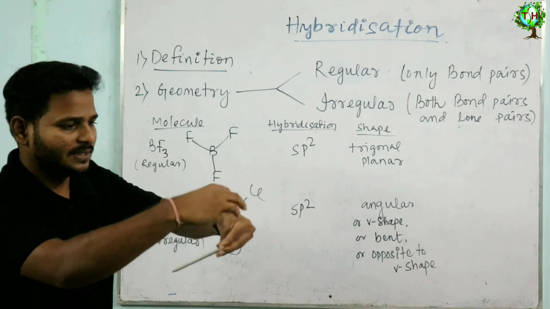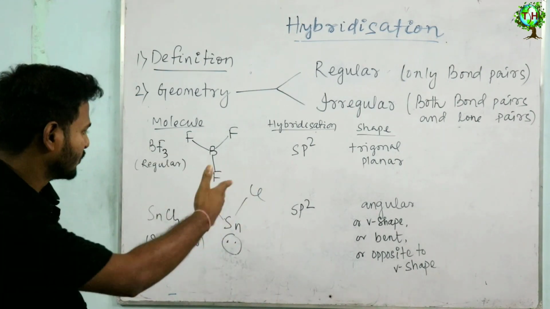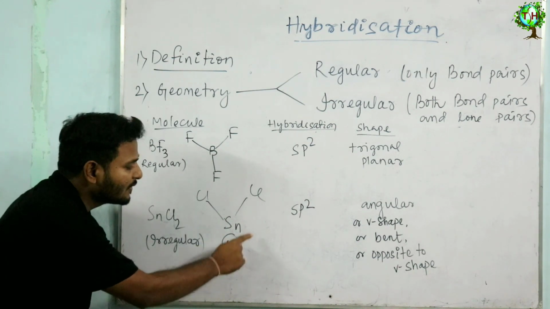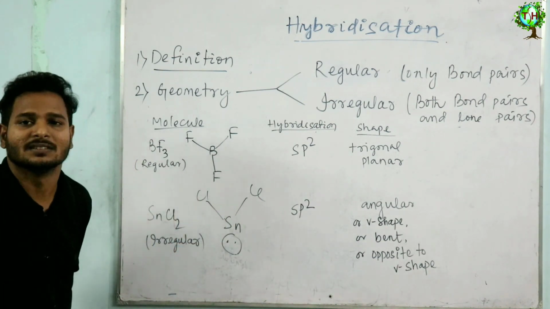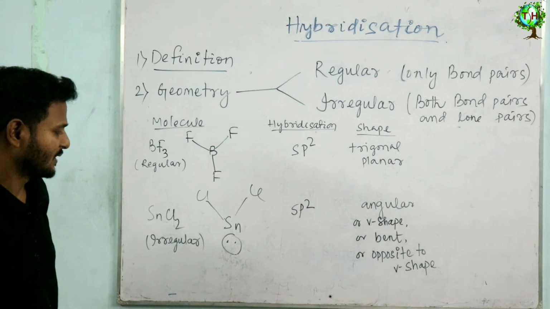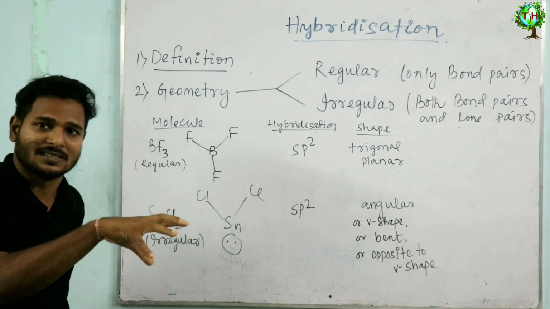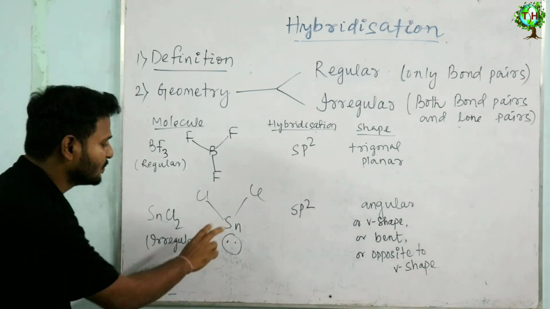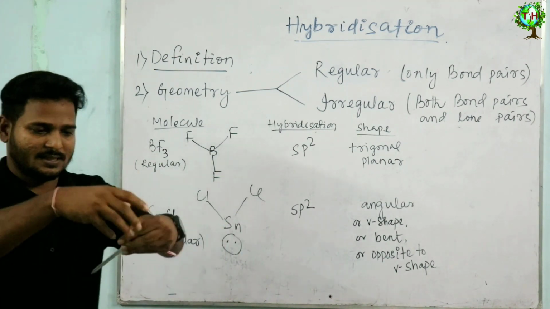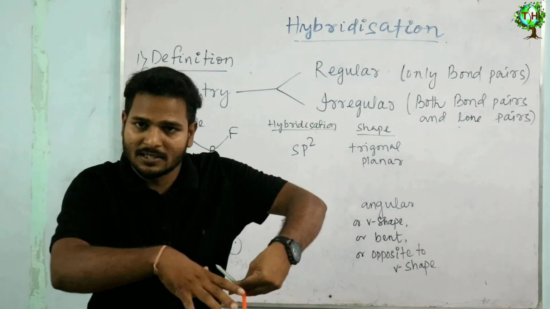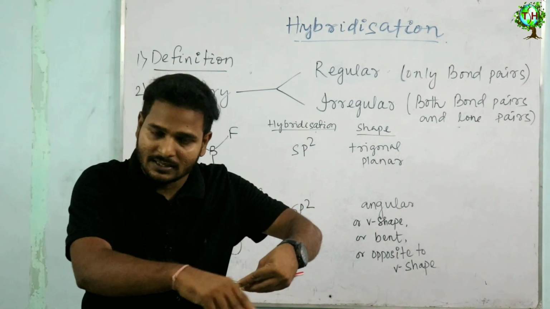This is a bond pair, this is a lone pair. Here you focus that these two are bond pairs, this is a lone pair. They don't have a similar kind of repulsion. The structure is not regular, due to the presence of a lone pair which occupies more space. Three bond pairs have a similar repulsion, the structure is like that.